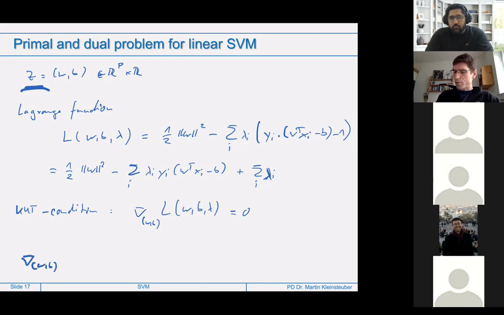Yeah, well, I mean, you can all compute this gradient on your own. You should be able to do that. And this here is, I write it here in that form. So we have here W minus sum over I lambda I yi xi.